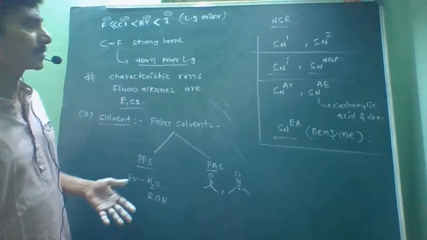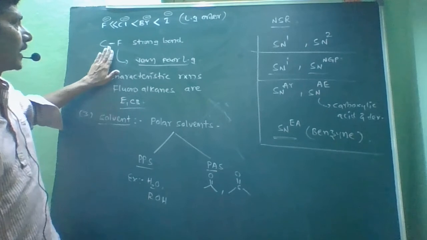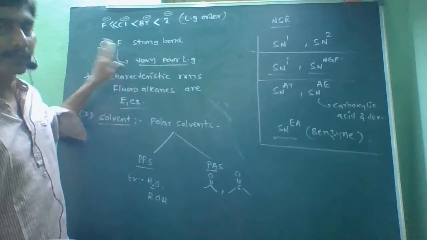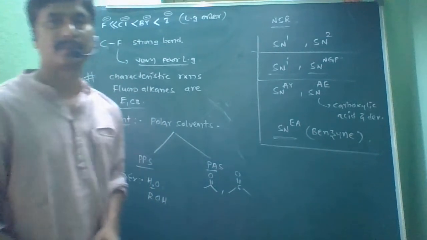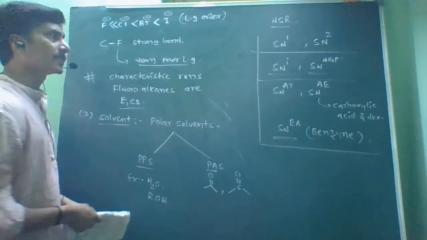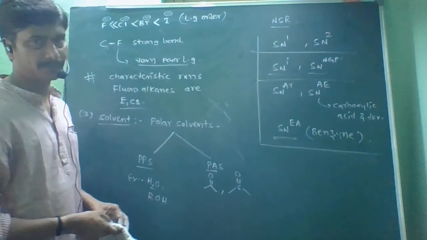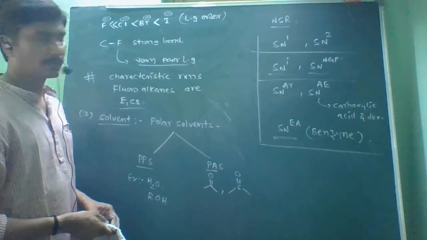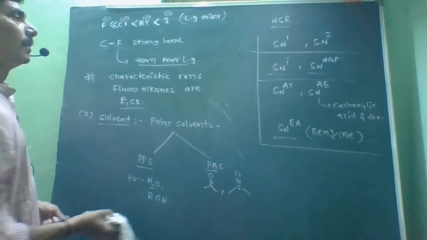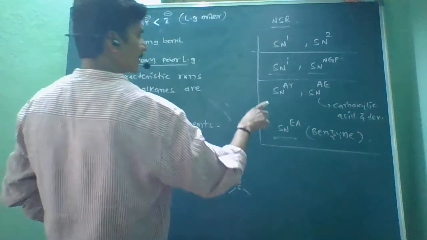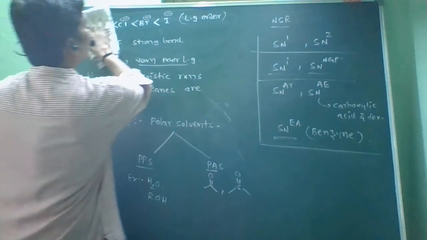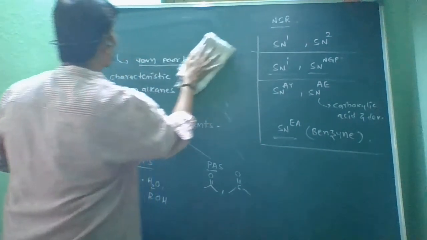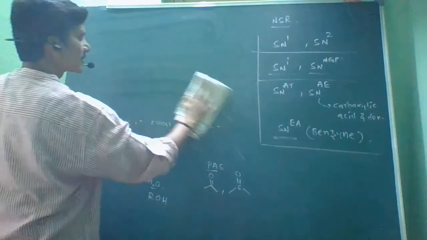For this reaction, a substrate molecule along with a leaving group is required, together with a nucleophile. Then these nucleophilic substitution reactions will take place. So these all are the mechanisms that we are going to discuss in this chapter.